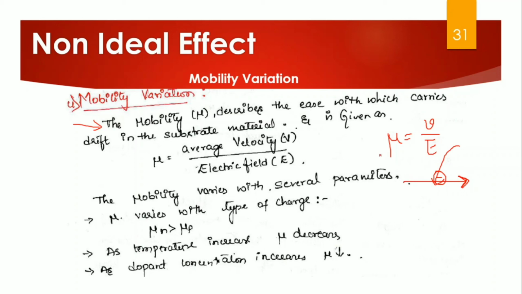Now, there are several parameters that affect this mobility. First one is temperature, the next one is doping concentration, and the other one is type of charge. First, let us discuss the charge. If you take a hole and an electron, which is more mobile? Electron is more mobile, because hole is just an assumption.